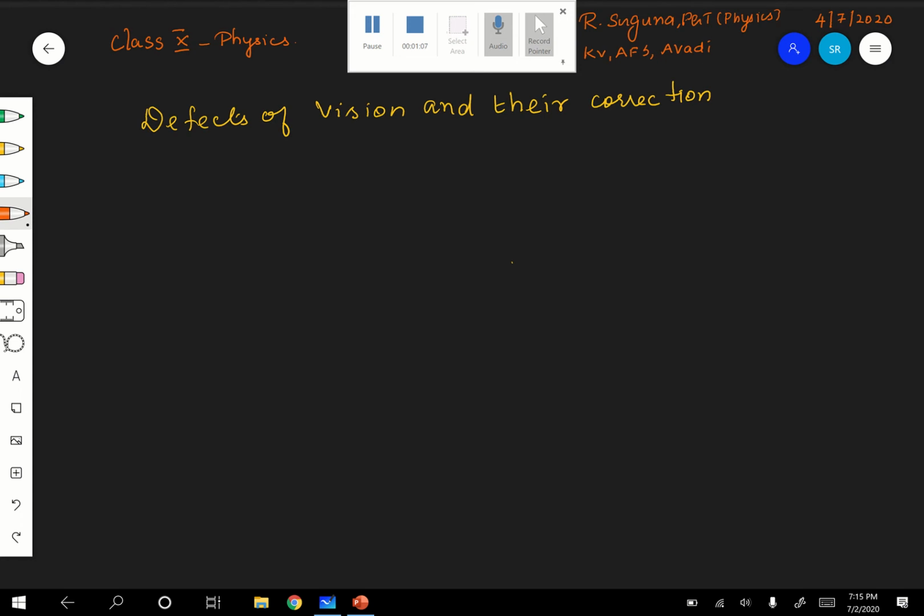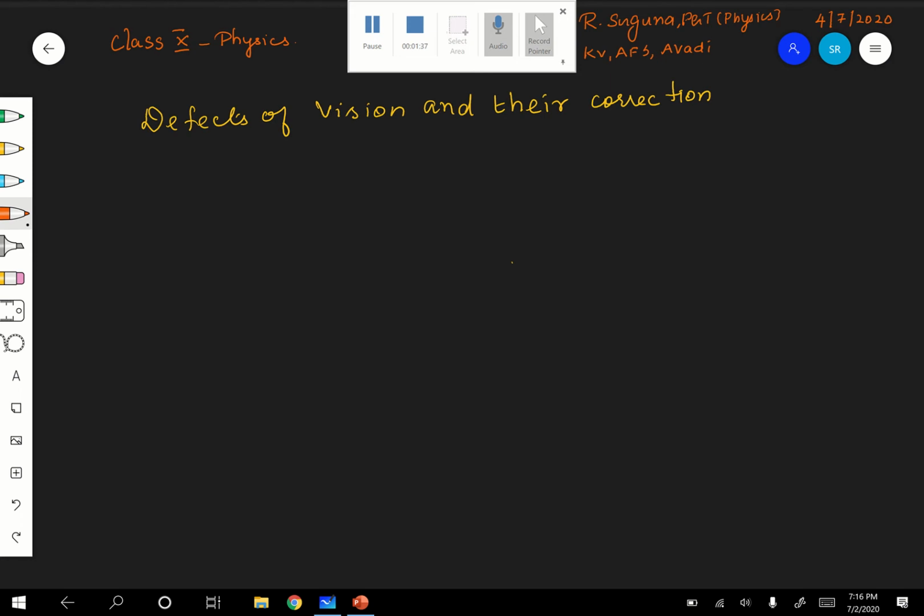So power of accommodation is the ability of the lens to change its focal length in accordance with the distance of the object so as to form a clear image on the retina. Depending upon that, the eye lens will contract and relax, because the ciliary muscles help in the contraction and elongation of the eye lens.